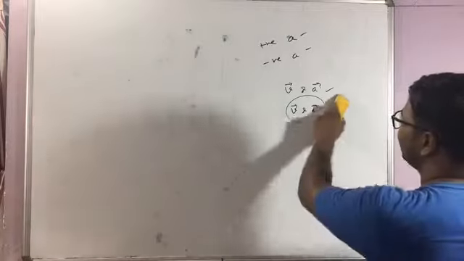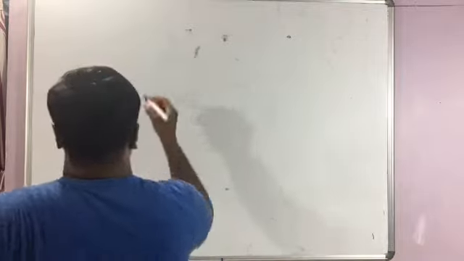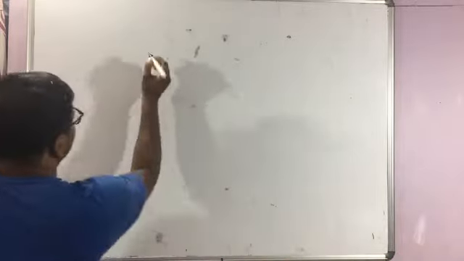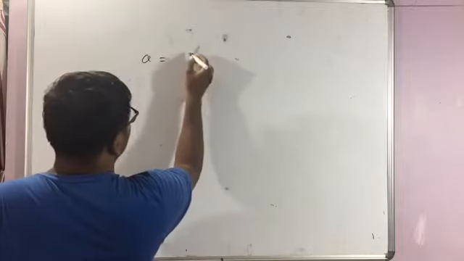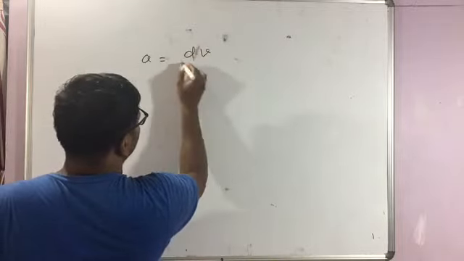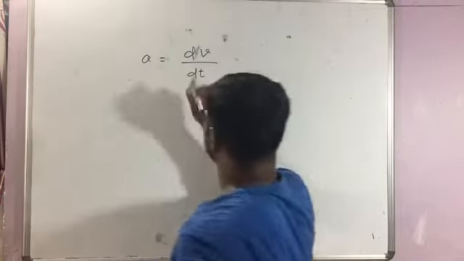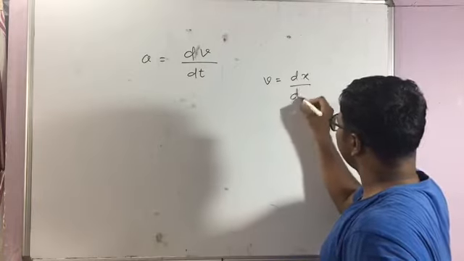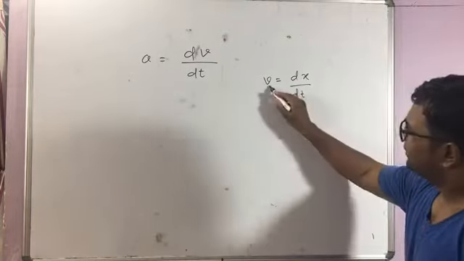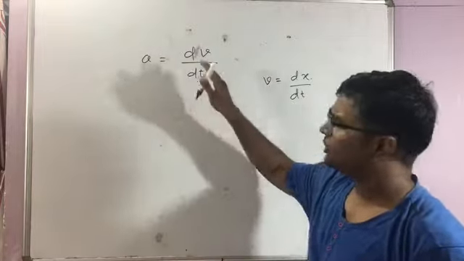Based on this idea, let me solve a question related to acceleration. How to find acceleration here? Try to understand. What I have said, the value of instantaneous acceleration is nothing but dv by dt. Now see here, we know v is equal to dx by dt, meaning velocity is the rate of change of displacement and acceleration is the rate of change of velocity.